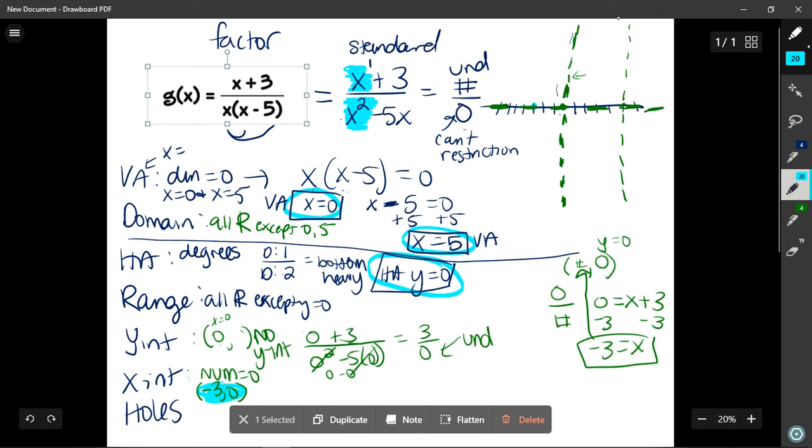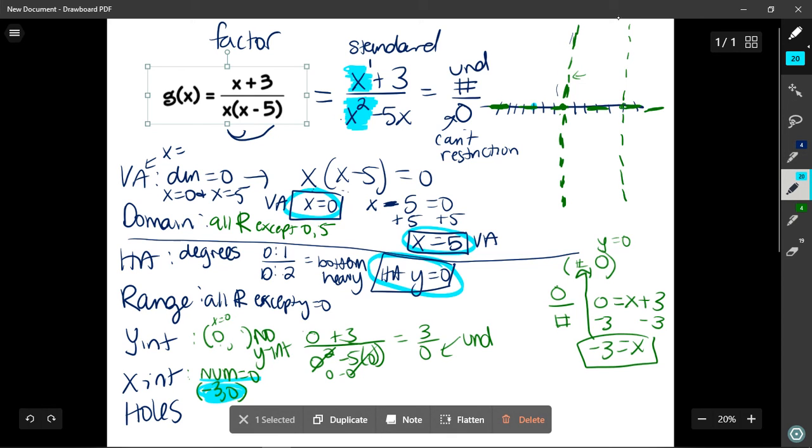So that scenario kind of blew up in our face. But that's how you find intercepts in general. Unfortunately, our HA is 0, so I can't actually get that answer. But in general, you can always just set your numerator equal to 0 and find your x-intercept.